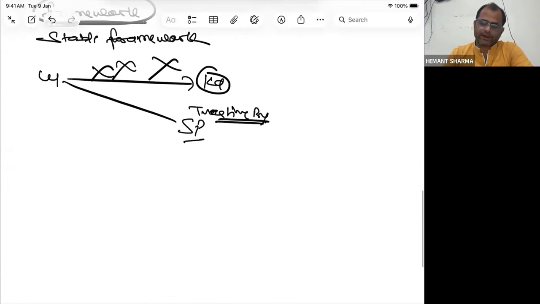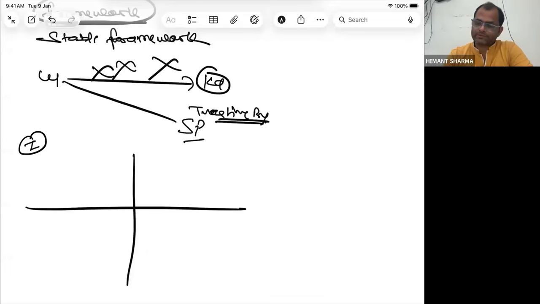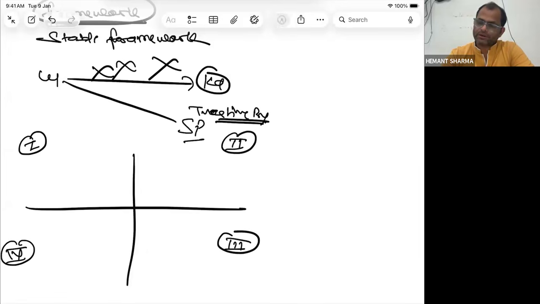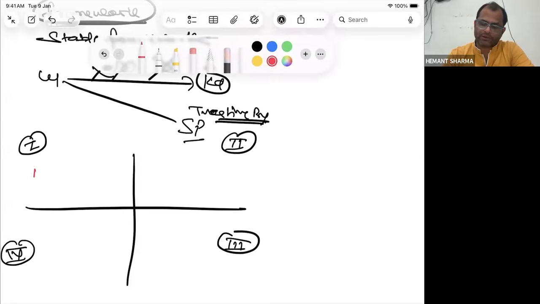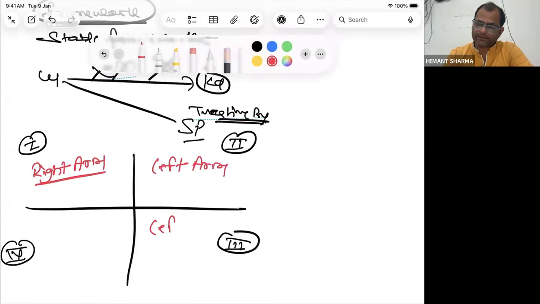Like the body is divided into four parts. Suppose part 1, part 2, part 3, and part 4. In part 1, we are taking the right arm. In part 2, we are taking the left arm. In part 3, we are taking the left leg. In part 4, we are taking the right leg.